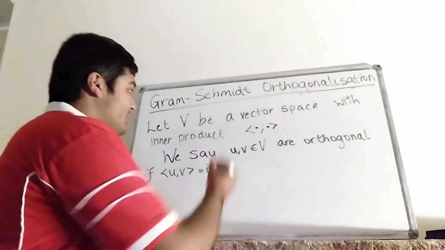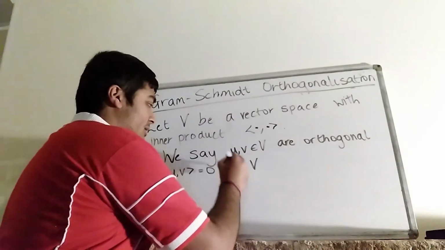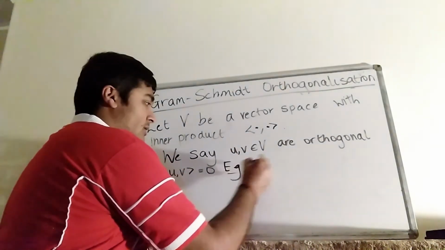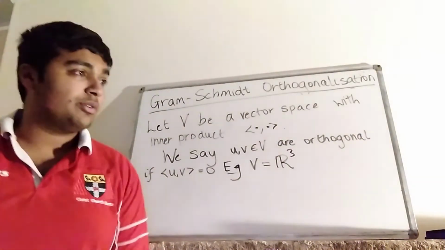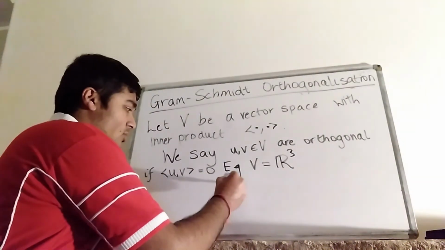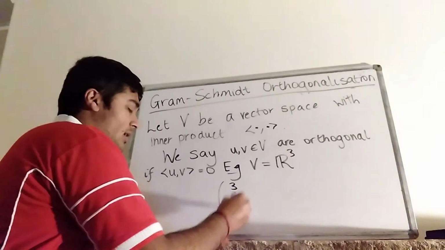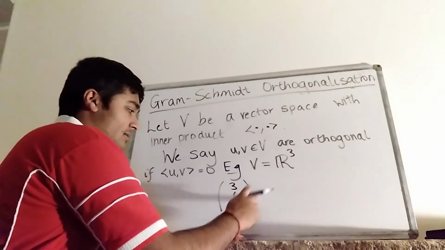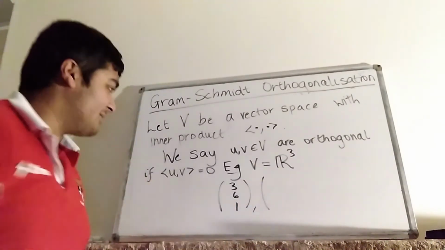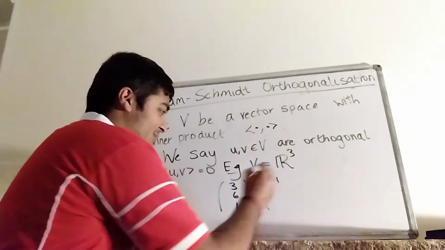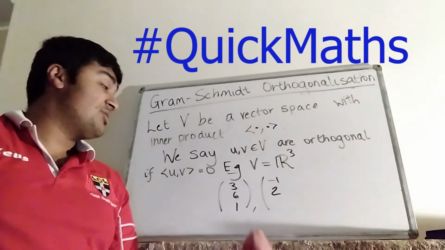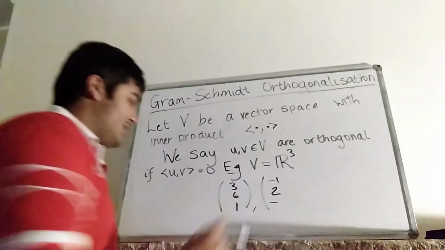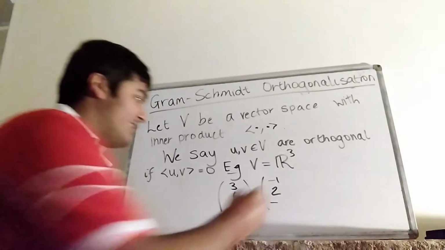Okay, so you can perhaps think of an example as the dot product, if you've seen that. So if our vector space V is R cubed, two orthogonal vectors could be (3, 6, 1), say, and then for this vector, I'm going to have to think of one on the spot, let's go (-1, 2, -9).